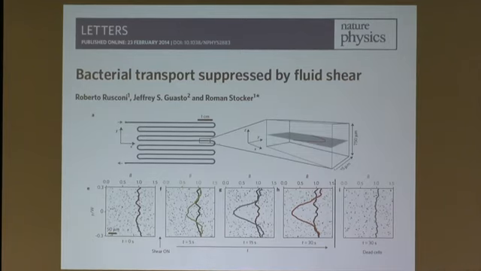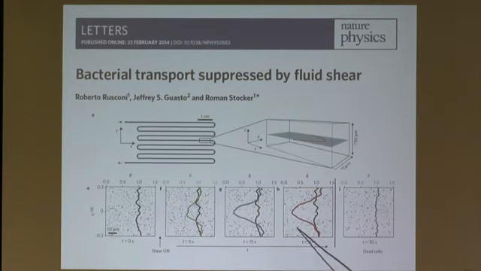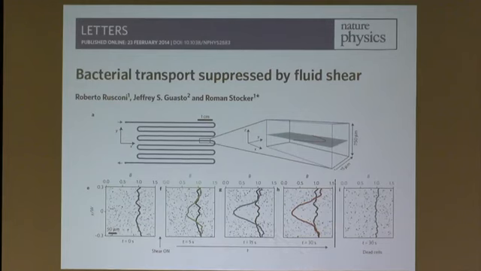Even with the presence of shear, it wouldn't be sufficient to generate this non-uniform distribution. So I was curious whether going back to the full population level model, where we keep track of orientation, could be used to explain this, and it turned out that it could, which was very exciting. So I'll talk you through what we did.